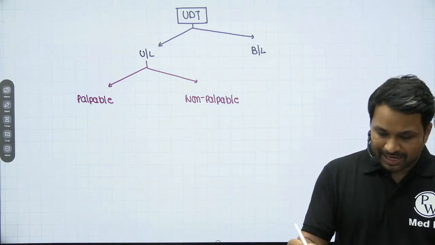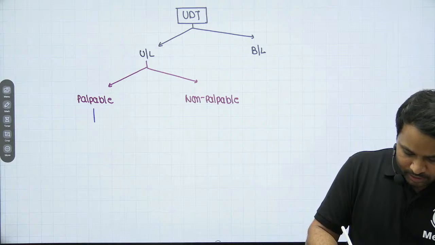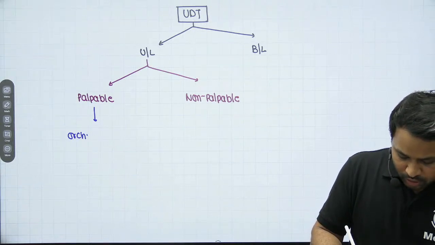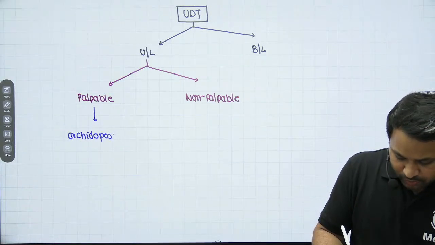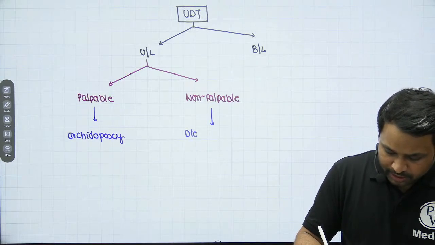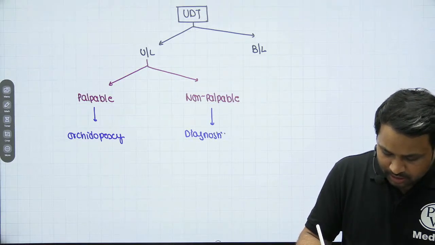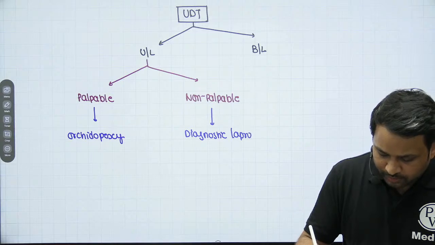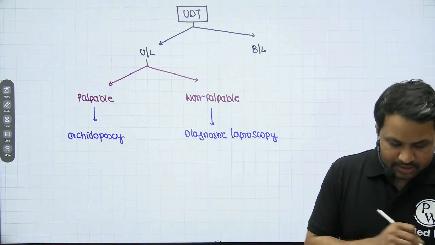If it is palpable, bring the testes down and put it back in the scrotum, so orchidopexy should be performed. If it is a non-palpable testes, you take the patient for diagnostic laparoscopy.